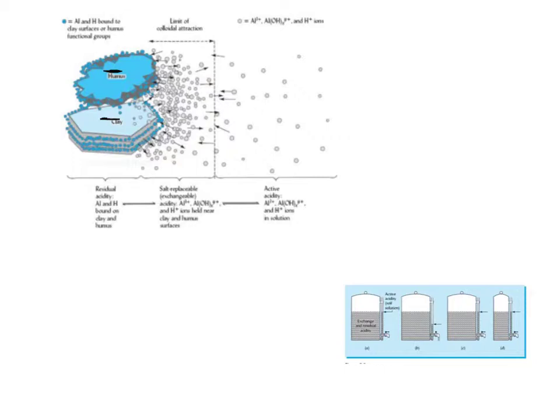So we have an acidity that exists here. This is called residual acidity. We have acidity that exists near the surface but not directly on the surface. That's exchangeable acidity. And then we have active acidity beyond the scope of these negatively charged colloids, and they're all important pieces of the puzzle of soil pH and how it changes, and how it is that we actually add things like lime to the soil to get changes in the soil.